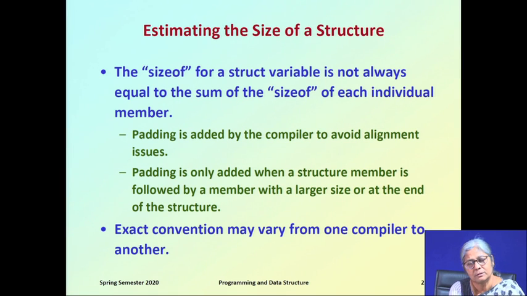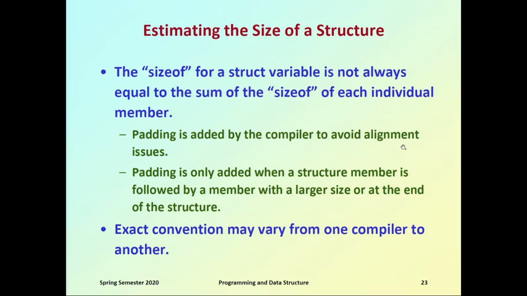Now, if one integer and one double, integer takes 4 bytes and double takes 8 bytes, then instead of 12 bytes it may be 16 bytes or it may be different. First we see how actually it will be computed. Summary is that it is not always directly the sum of the bytes required for the member variables.